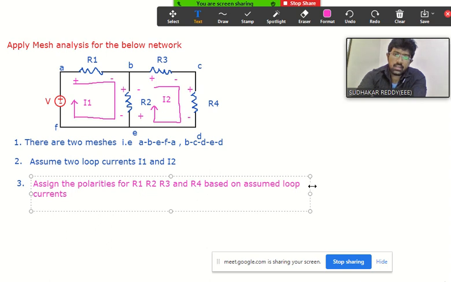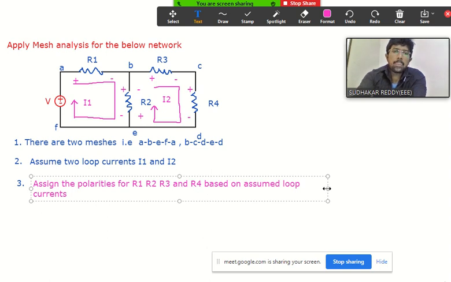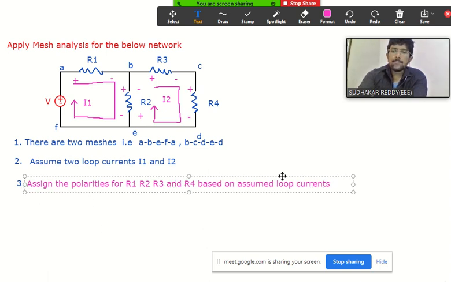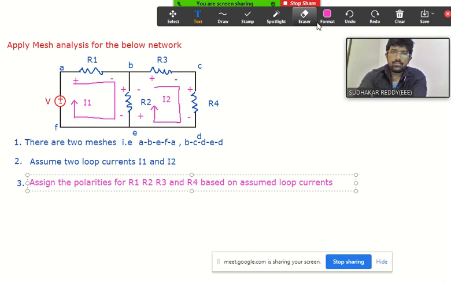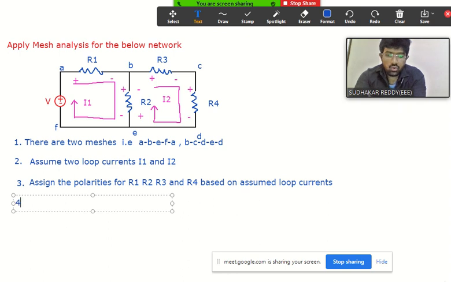After assigning the polarities, what is the next step? Yeah, apply KVL. The fourth one is, here I will write, apply KVL for each loop.